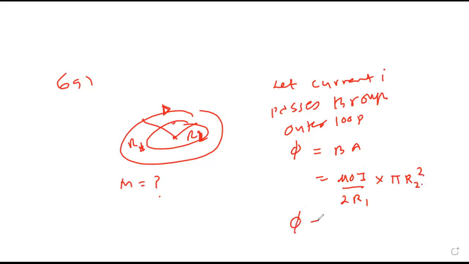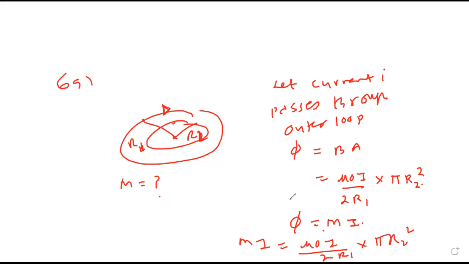Now what is the flux formula? Flux is M into current I. So if I compare, Mi is mu naught I upon 2 R1 into pi R2 square.